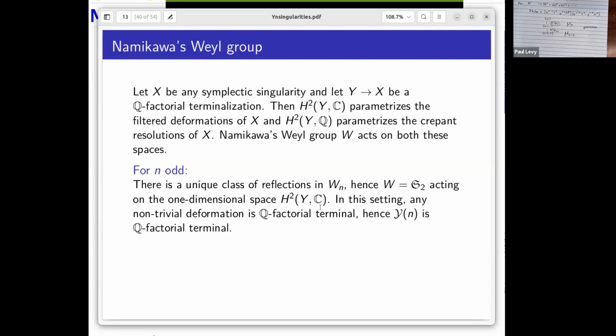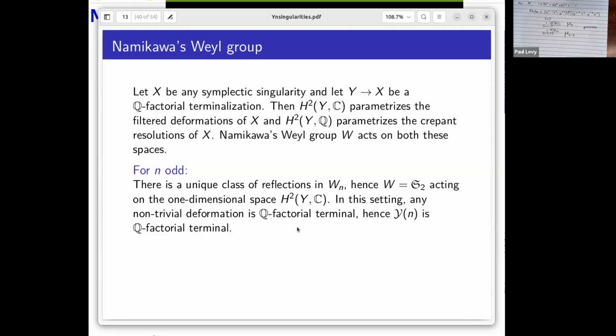So any non-zero parameter will give you a Q-factorial terminal deformation of the singularity. In the case of n odd, because there's this local analytic isomorphism between Y_n and a deformation, Y_n is Q-factorial terminal. So in particular Y_5 is Q-factorial terminal, and that's as good as you can get. There are no further resolutions, for example.